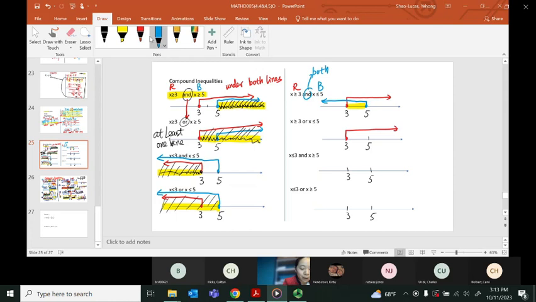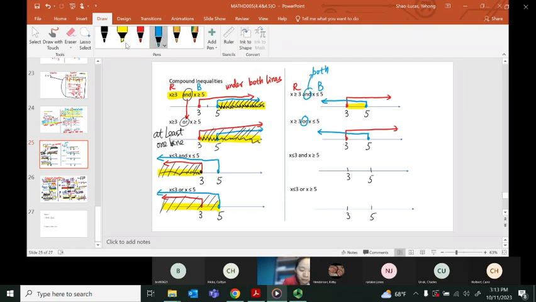Remember, for or, one line is good enough. This one is a little tricky. Can everybody see what the answer is? One line is good enough. Is it 5? 5 is under a line, but any other answers? Maybe I should just highlight it.